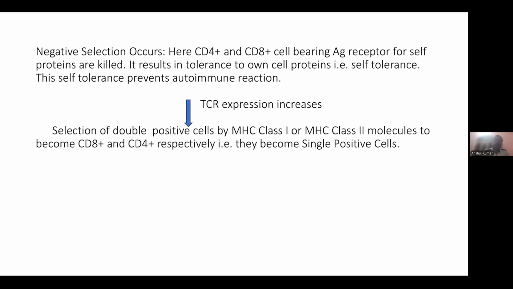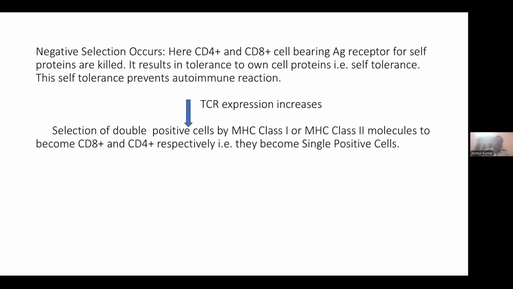Otherwise, it will start destroying its own harmless cells, and it will lead to autoimmune reactions. So this process is called self tolerance, and this step is called negative selection. So first it is double positive, and then it converts into negative selection.